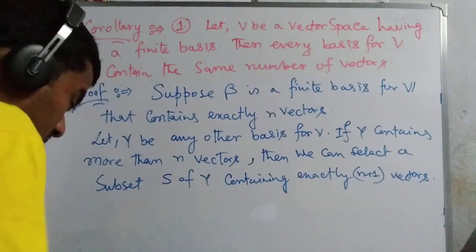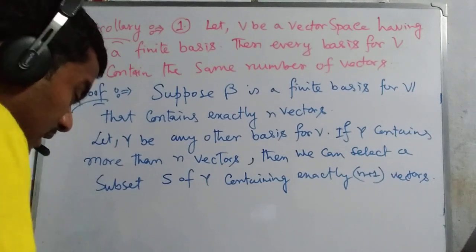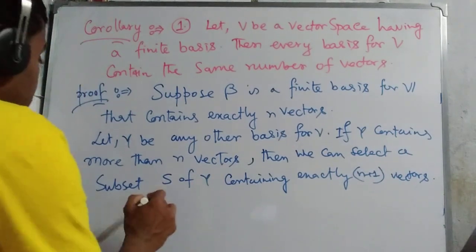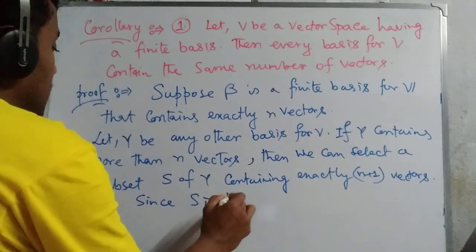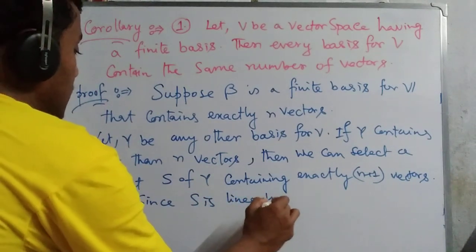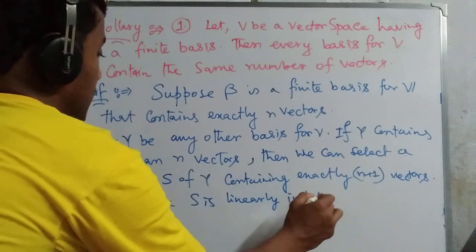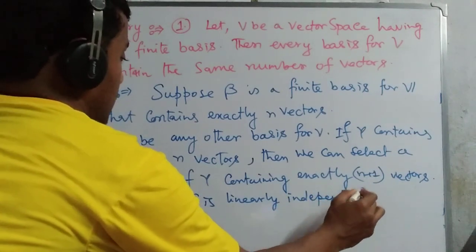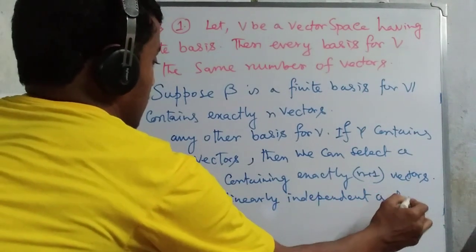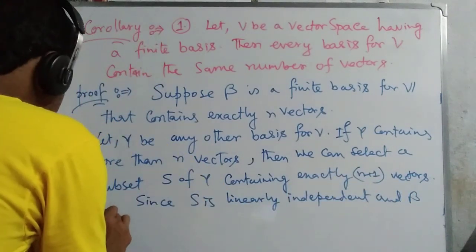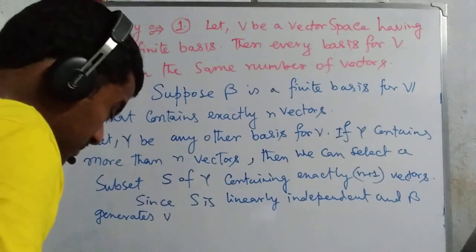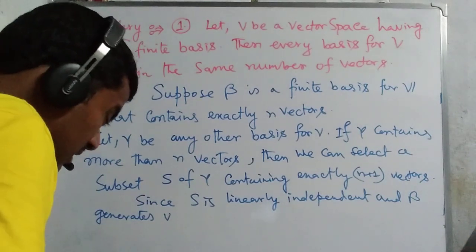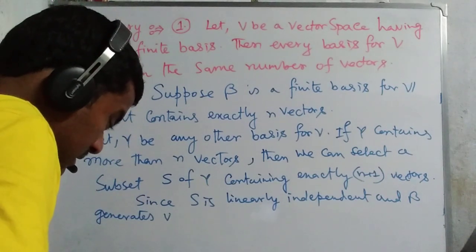Since S is linearly independent and beta generates V, then what happened?